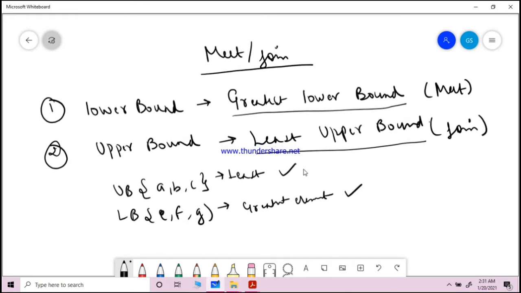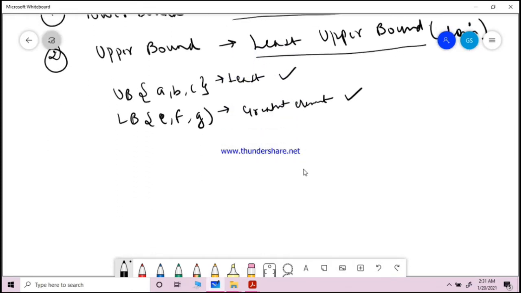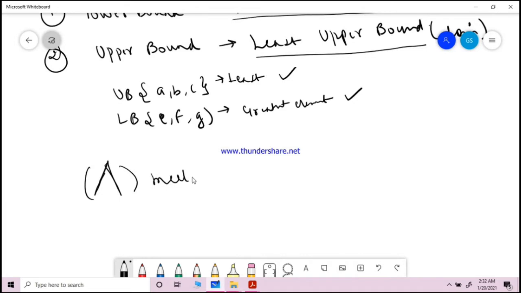Next thing, how can you remember the sign? This is how you write meet. This is the sign of meet. Reverse of this is join. Roughly, what is the meaning of meet and join?